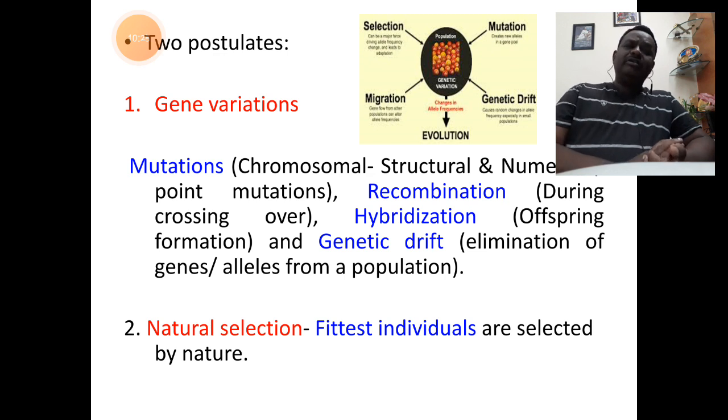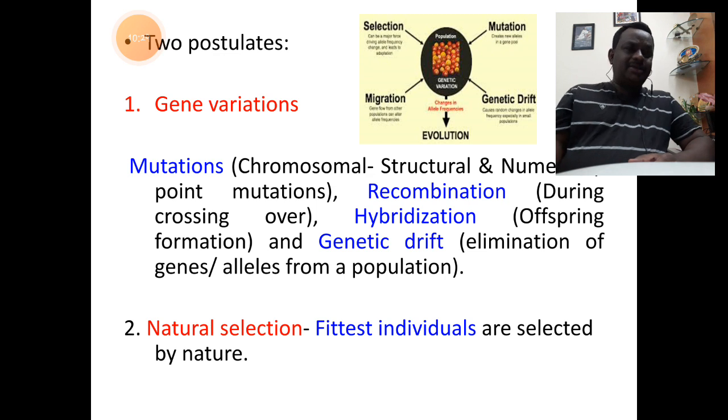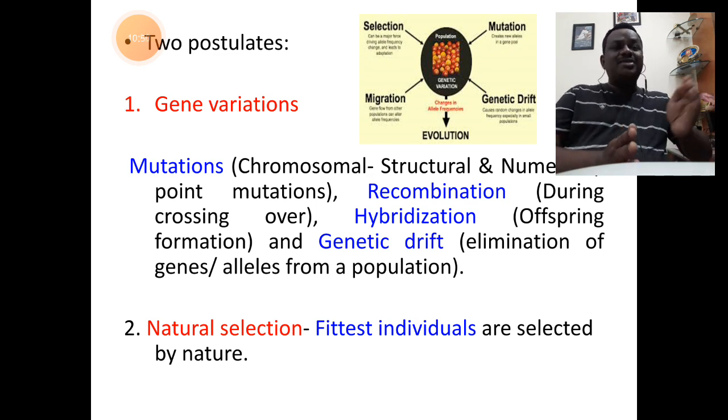So, fittest individuals with genetic variations together correspond to the concept of modern synthetic theory, where individuals with new characters will slowly, in due course of time, undergo a change of characters.